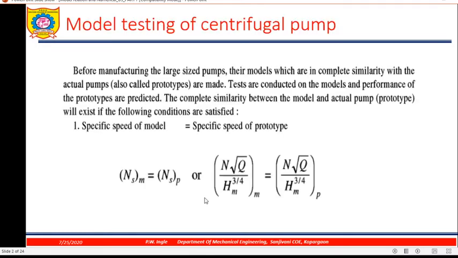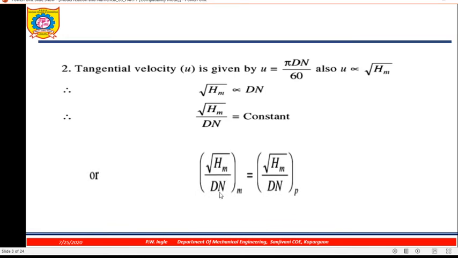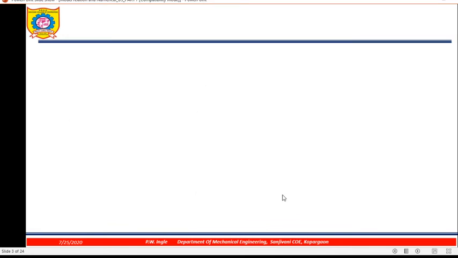So the first condition is specific speed of model equal to specific speed of prototype, if you want to do model testing of centrifugal pump. Second condition is under root H_m by DN of model equal to that of prototype.